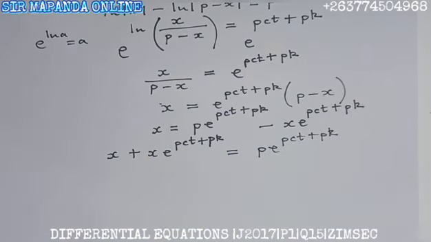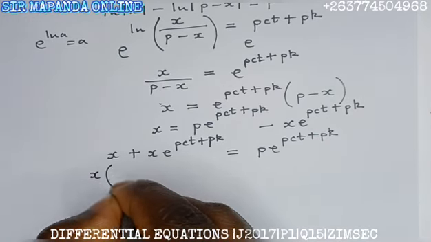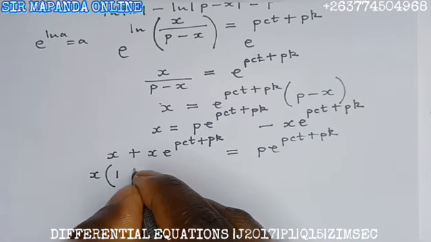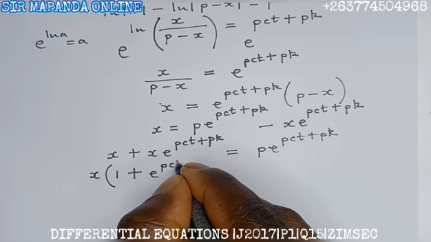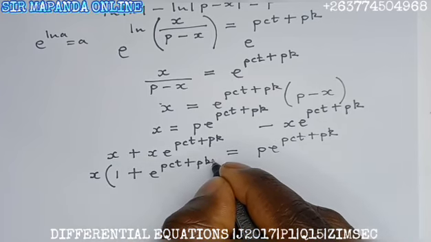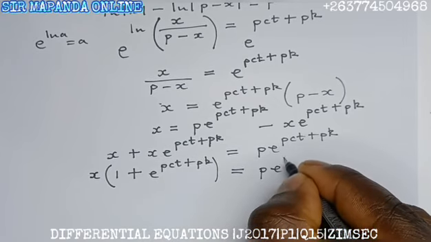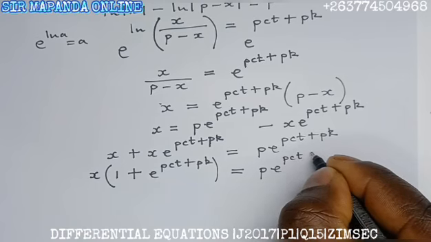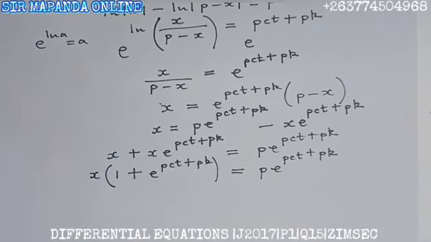To make x the subject, you factorize on the left side. So factoring out x, into x you get 1. Then x and x cancel off each other. You have 1 plus e to the power of pct plus pk, in brackets, and on the right p e to the power of pct plus pk, something like this.